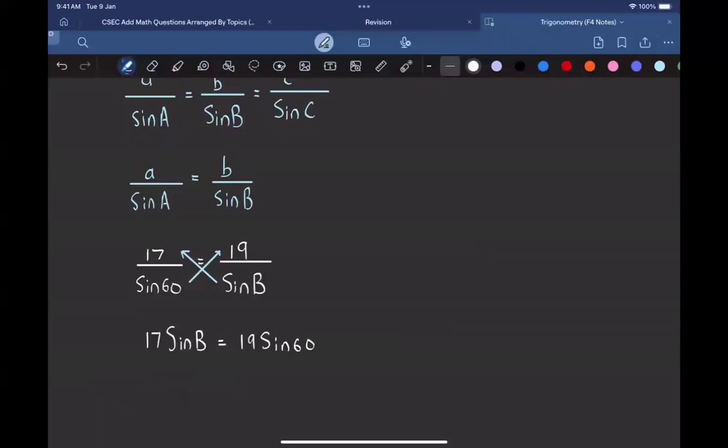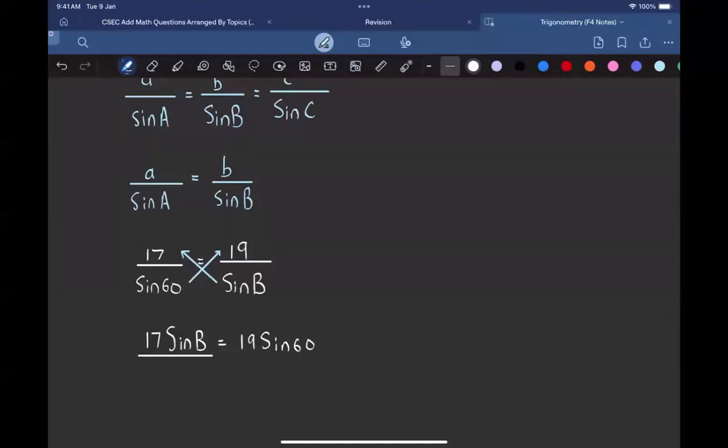What's next? You want to find angle B, so you're dividing by 17 sine. Can she do that, if she said divide by 17 sine?